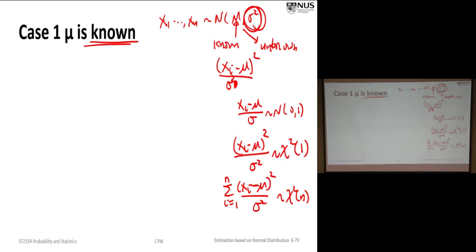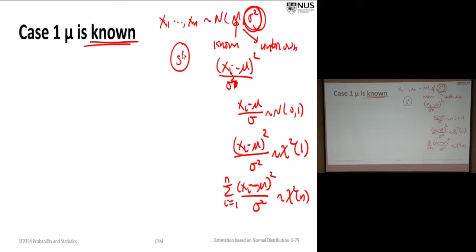Now, why do I have to do that? Because basically it has something to do with the sample variance.